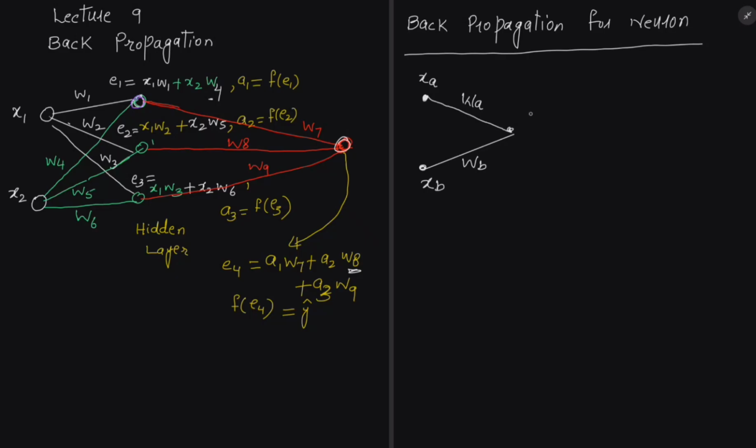So you know that we need to write E as XA WA plus XB WB. That's it.